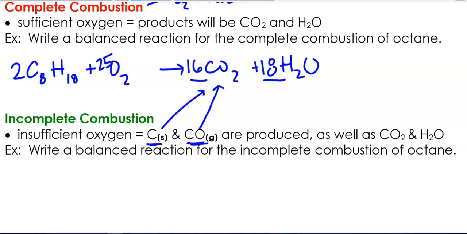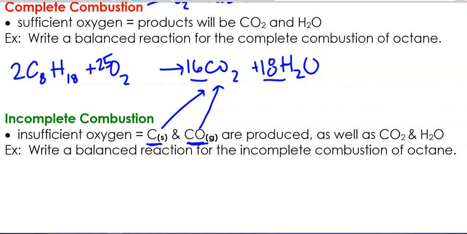Well, carbon solid would be dangerous. This is soot. If you breathe in soot, you're going to have particles in your lungs. Or carbon monoxide is a poisonous gas that doesn't smell, look, or taste like anything. So it could be very dangerous. It will put you to sleep to not wake up.